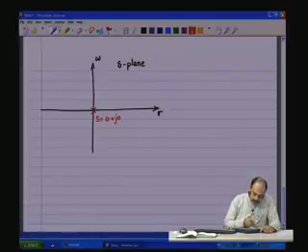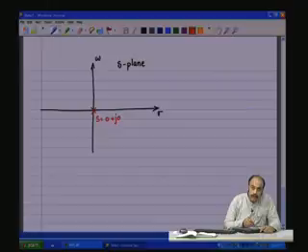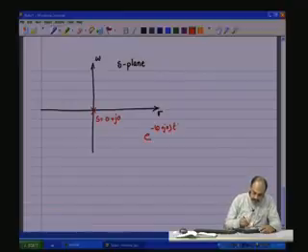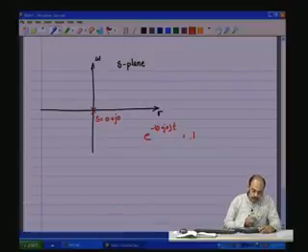Which means at this point, if I look at the time evolution, which is the exponential e to the power of minus (0 plus j0) into t, which is equal to 1. So, it is just a constant 1, no growth, no decay.